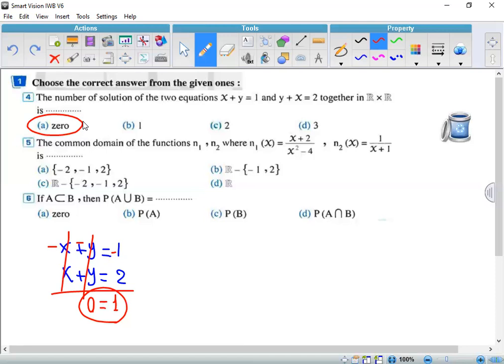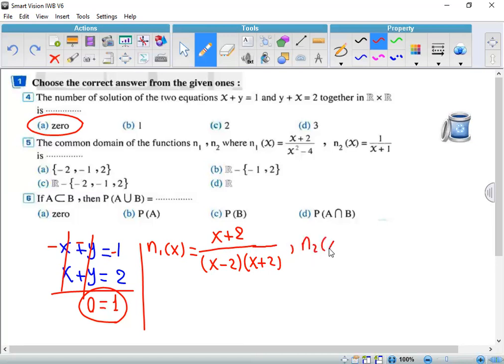The first, you must factorize the fraction. n1 of x equals x plus 2 over x minus 2 times x plus 2. n2 of x equals 1 over x plus 1. Then the common domain is R.